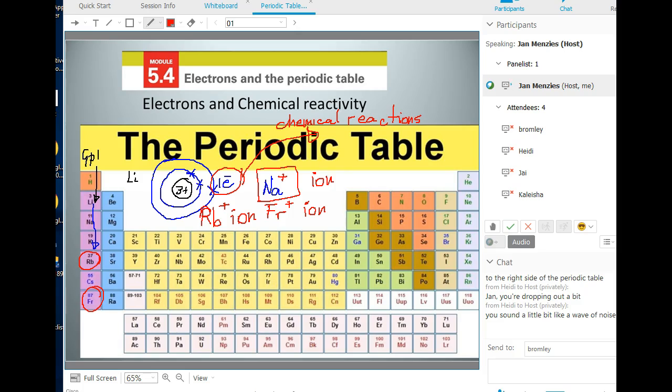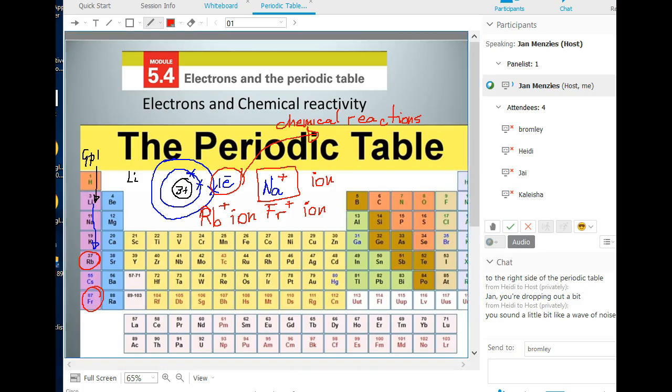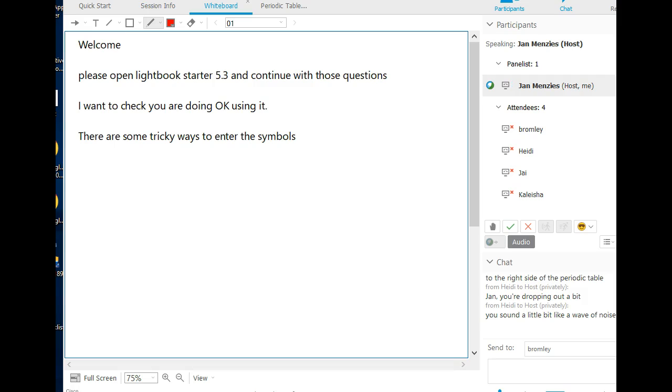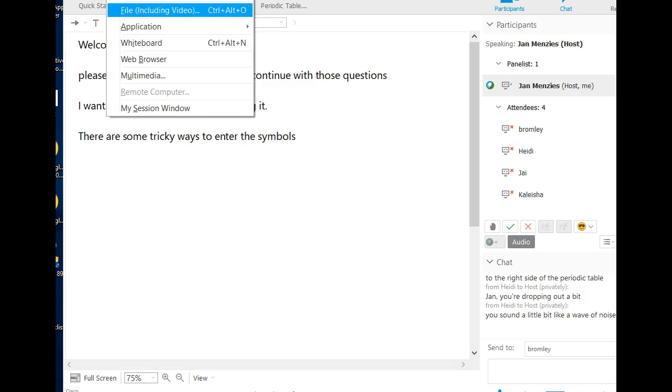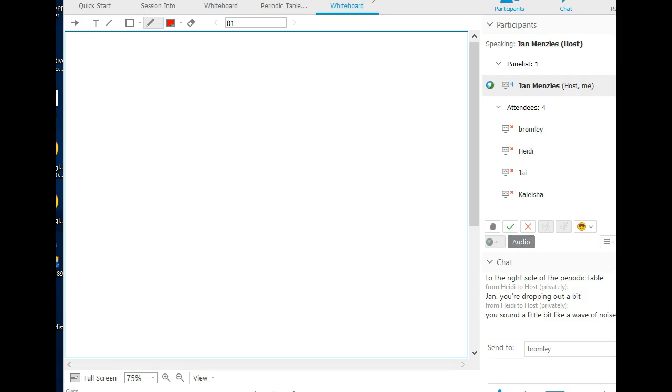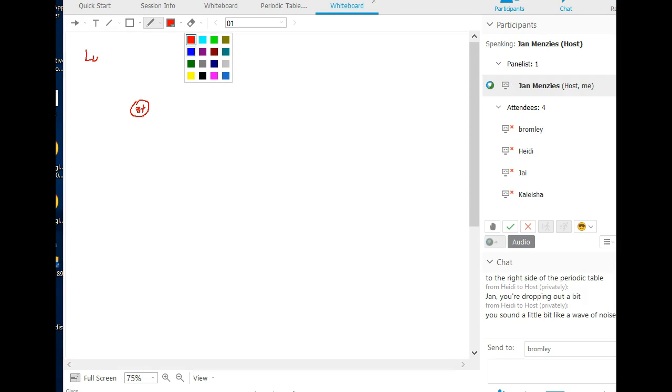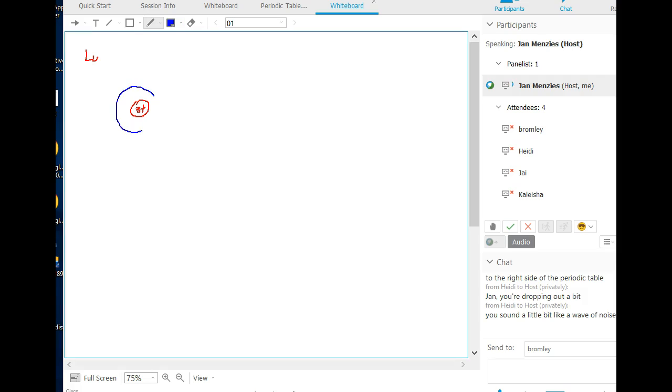Now, if I go to the whiteboard and I quickly redraw lithium, so lithium had 3 positives and it had 2 shells occupied, so it's in period 2, and 1 electron in the outer shell.